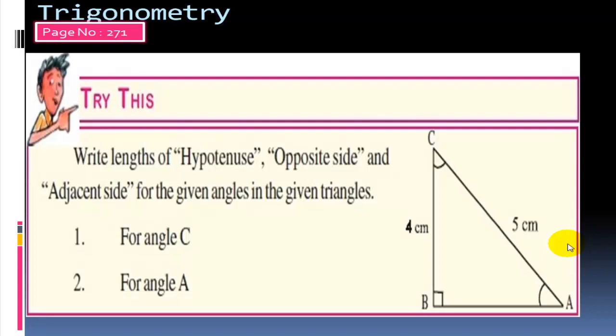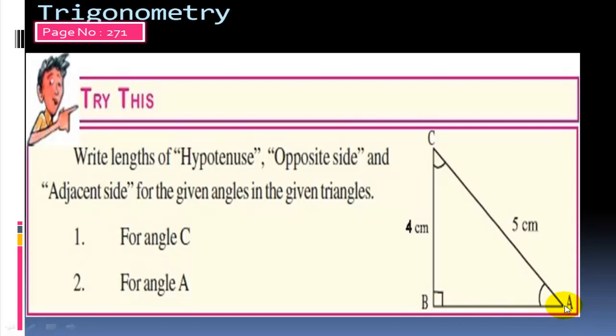Now let us try this problem on page number 271. Write the lengths of the hypotenuse, opposite side and adjacent side for the given angles in the given triangles. Observe the right angled triangle. Here it is given that AC is 5 centimeters and BC is 4 centimeters. Here AC is the hypotenuse, angle B is the right angle.